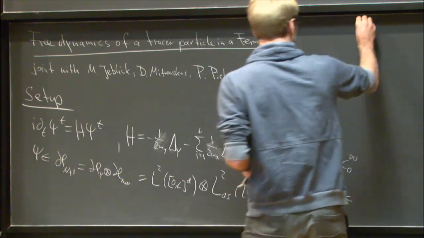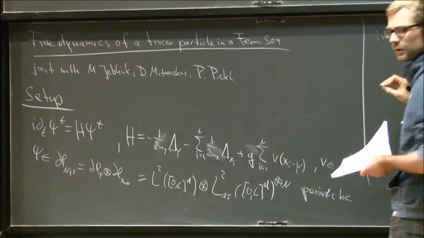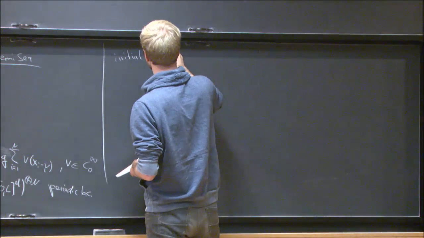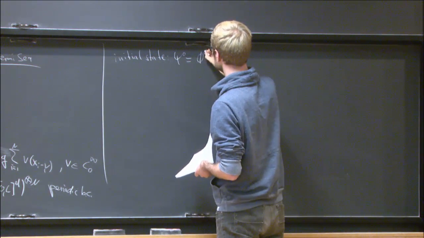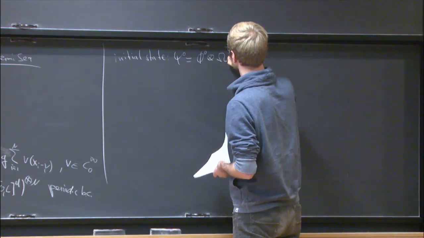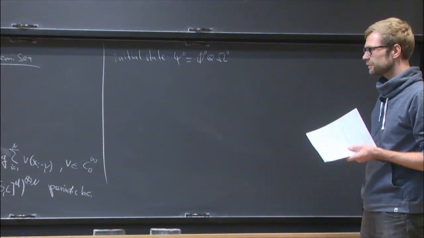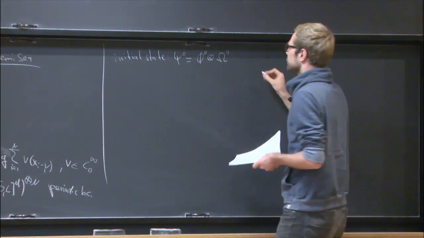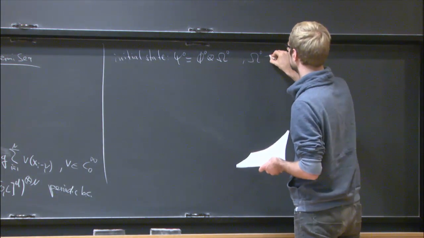And as an initial state, I would like to use something which comes closest to a factorized state, namely psi 0, which is just phi 0 living in the Hy space, tensor state omega 0. And so as initial state for the gas, I just want to take the free ground state in a box. So omega 0 is just the antisymmetrized product state.